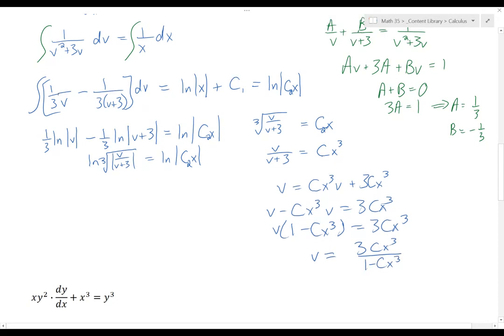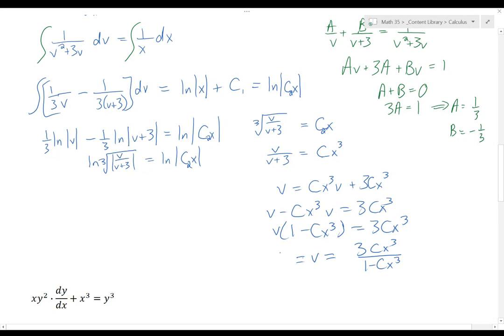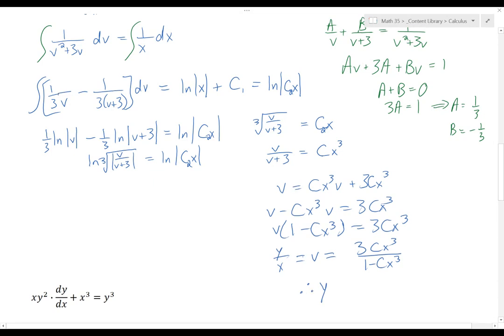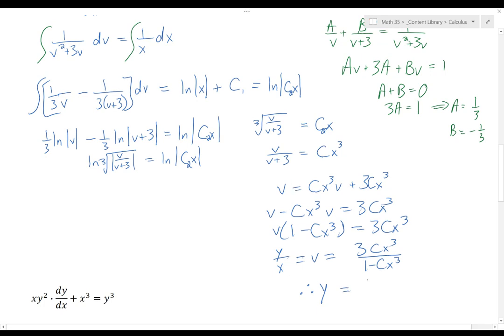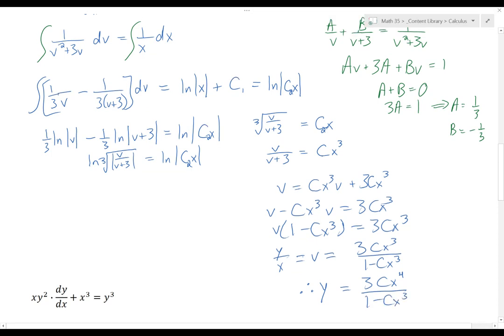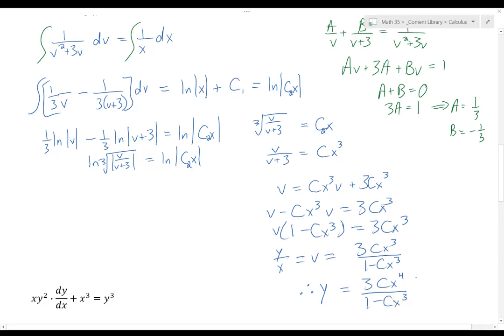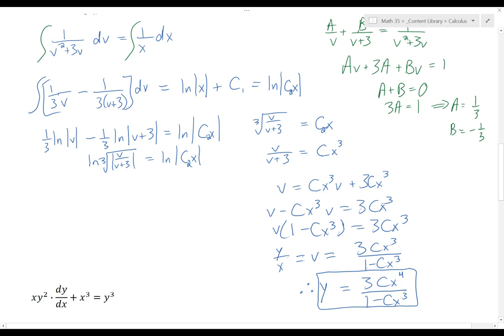Now, since v equals y over x, this now means that y is just x times that. So 3cx to the power of 4 over 1 minus cx cubed. There we go. Took a little while, but we did get there.